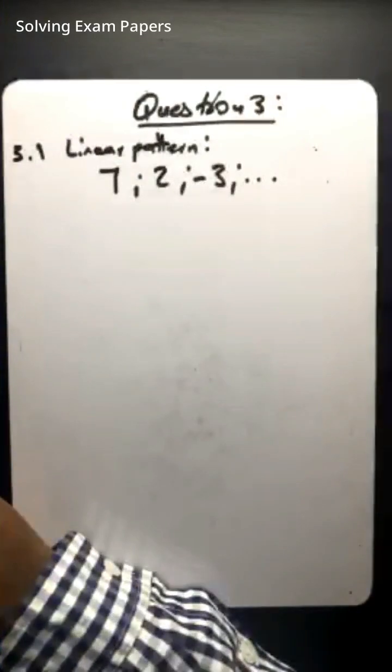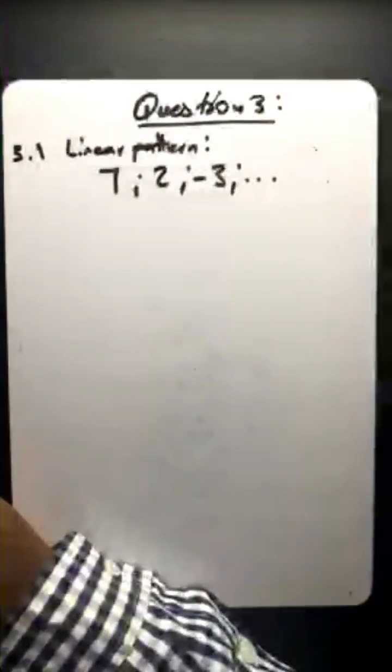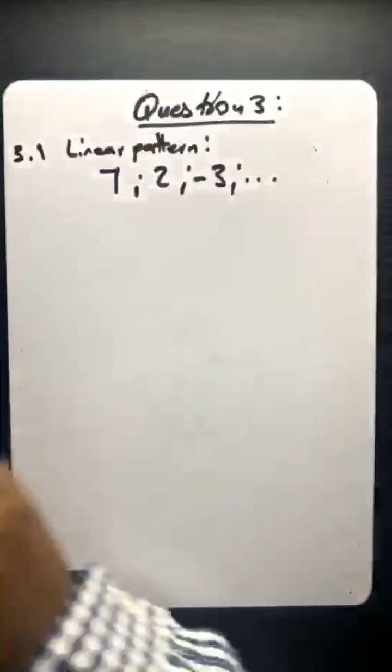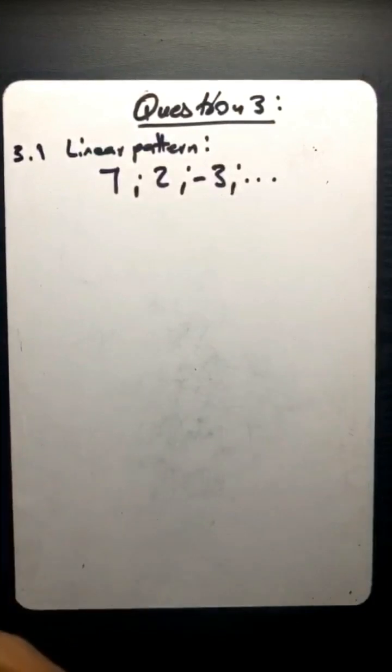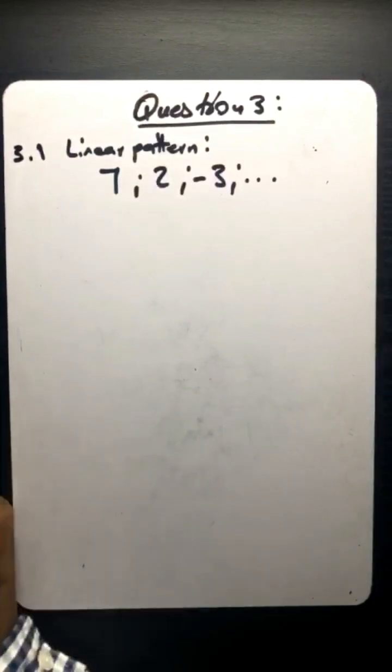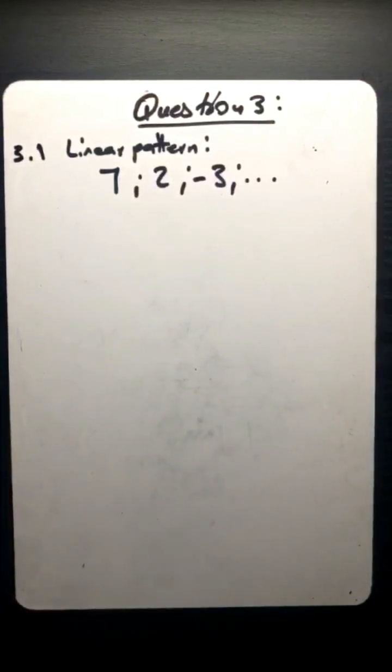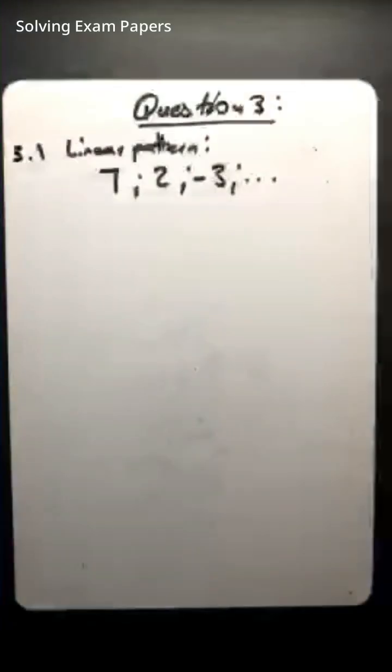So let's see. You are given a linear pattern, and this is the pattern that you are given. I hope I've copied it correctly. Most importantly, guys, this was an exam question, a DBE November examination paper.